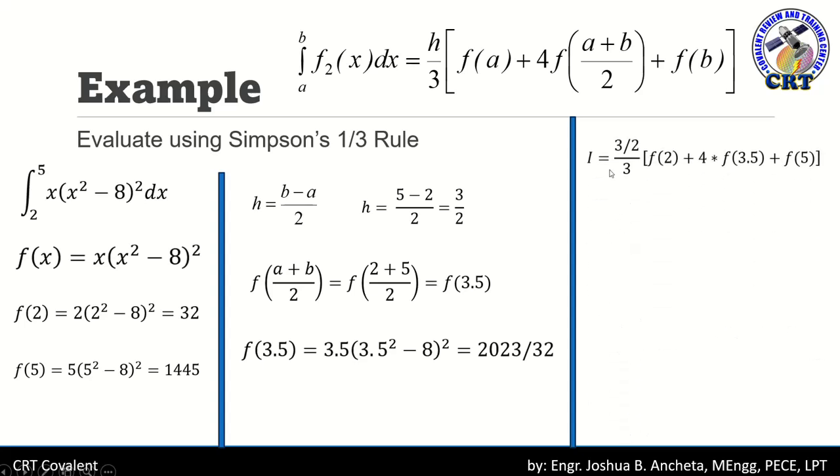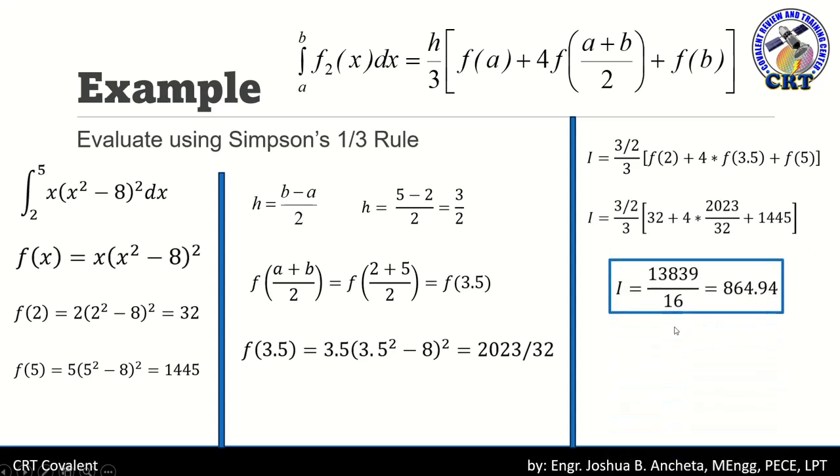For the substitution, we have the integral equals 3 over 2 over 3 times the quantity f(2) plus 4 times f(3.5) plus f(5). Solving for I, we have 864.94.